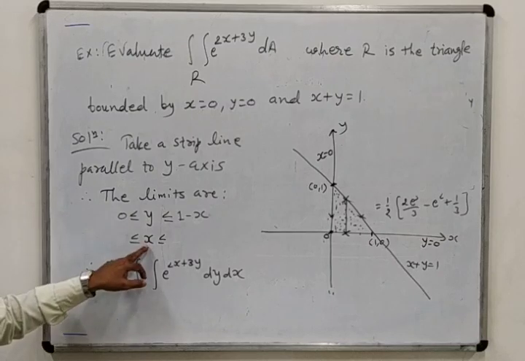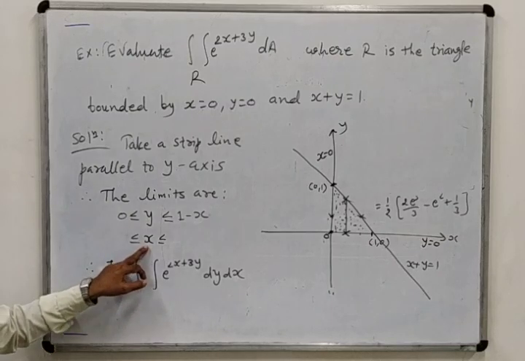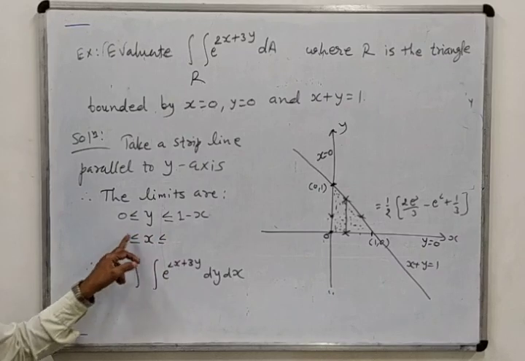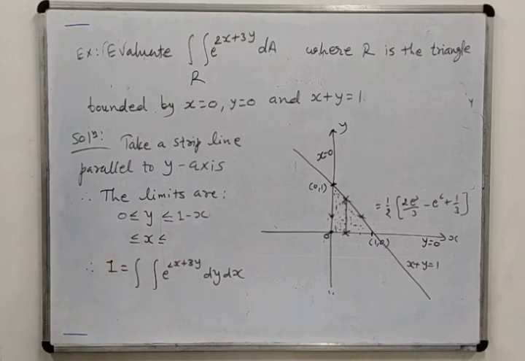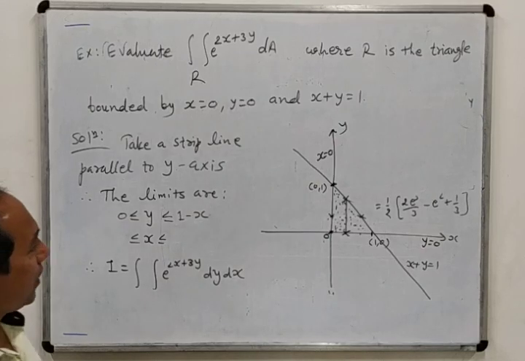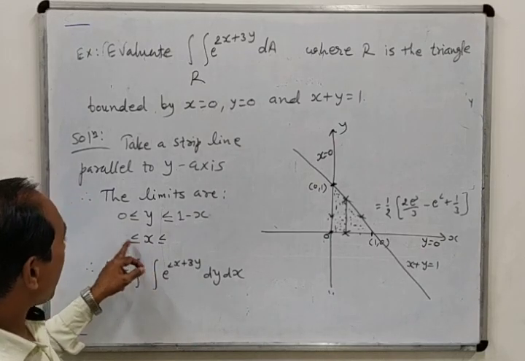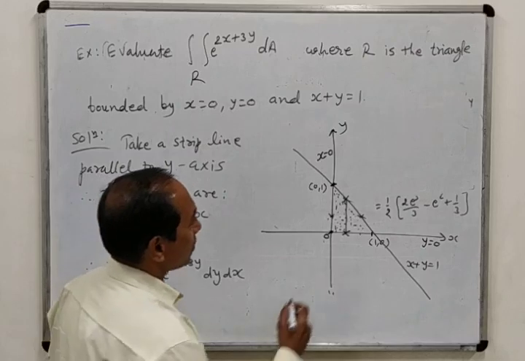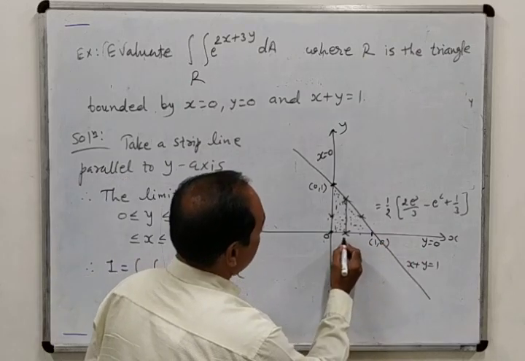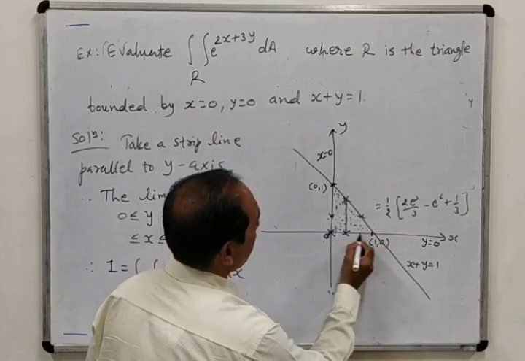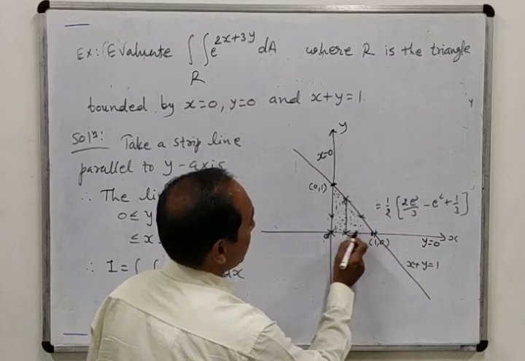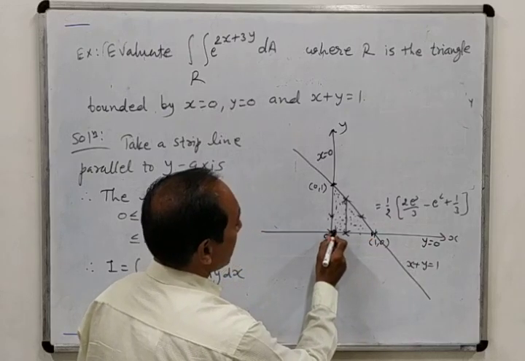Now we will determine the limits of x. So the limits of the outer integral are always constants. Always constants, that means they are some value. To determine the limits of x in constant values, focus on x-axis. On x-axis, the region starts from this point and ends at this point. So here what is x?